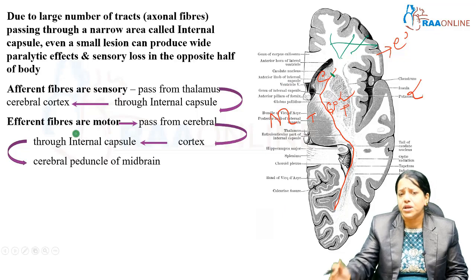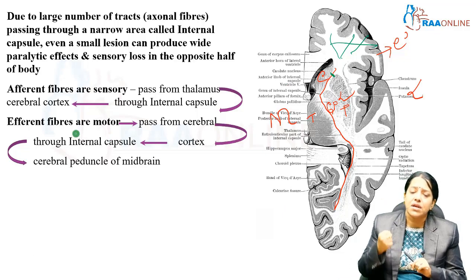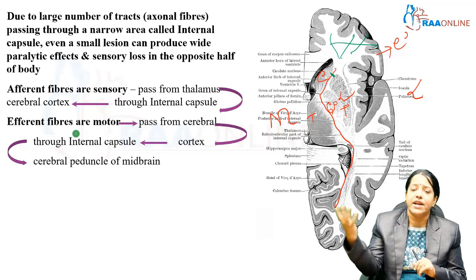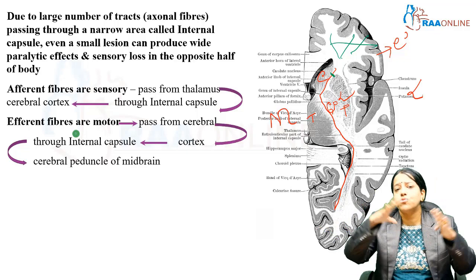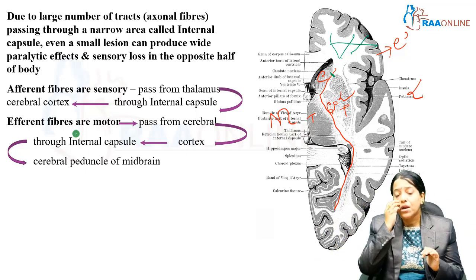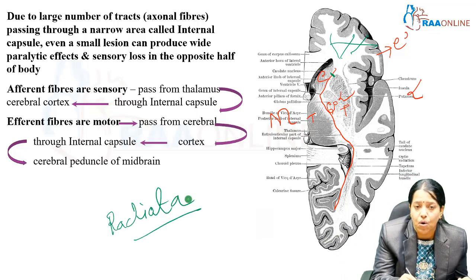And I told you the internal capsule is going to continue into the midbrain as the crus cerebri, whereas above, the internal capsule continues and spreads out throughout the cerebral cortex, and that is called the corona radiata. The name corona radiata means radiata is like a sunbeam, and corona is a sun.